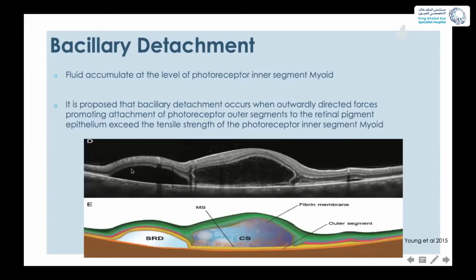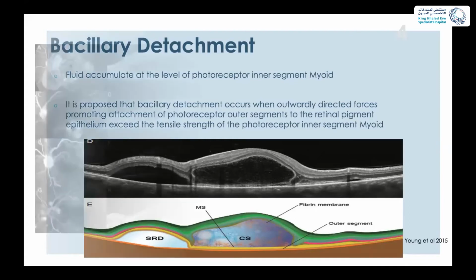It shows that this is the subretinal fluid, as you can see here in the photo. But here, the cystoid space is between the inner segment and the outer segment. So this detachment happens in the outer nuclear layer. It doesn't happen in the subretinal layer.